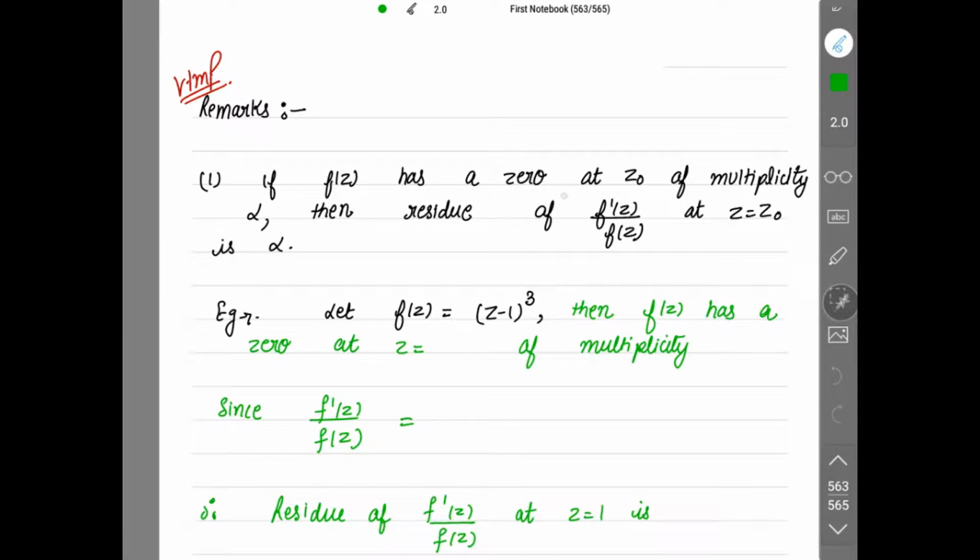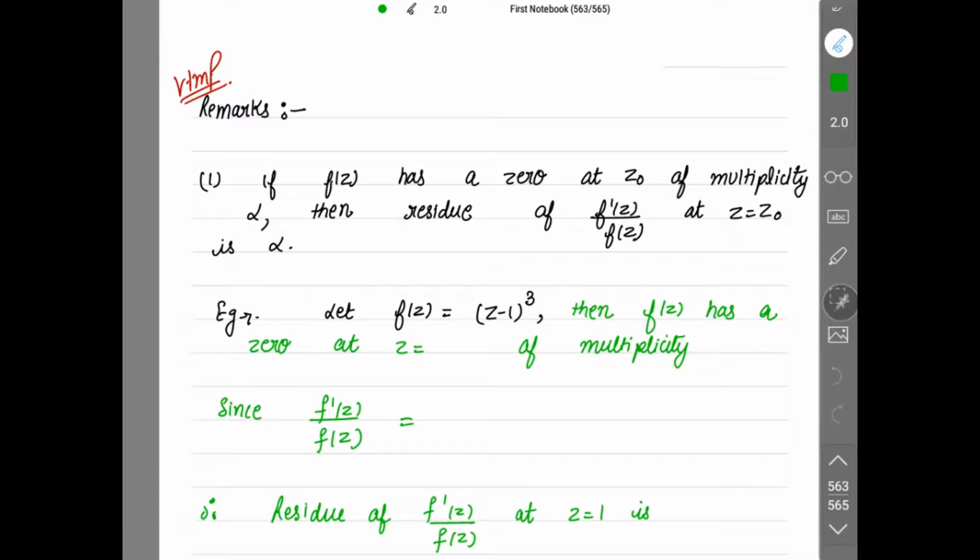If f(z) has a zero at z0 of multiplicity alpha, then the residue of f'(z) over f(z) at z equal to z0 is alpha. Means whatever multiplicity you have for the zero of f(z), just write down the residue for f'(z) over f(z) as that multiplicity, that is alpha.